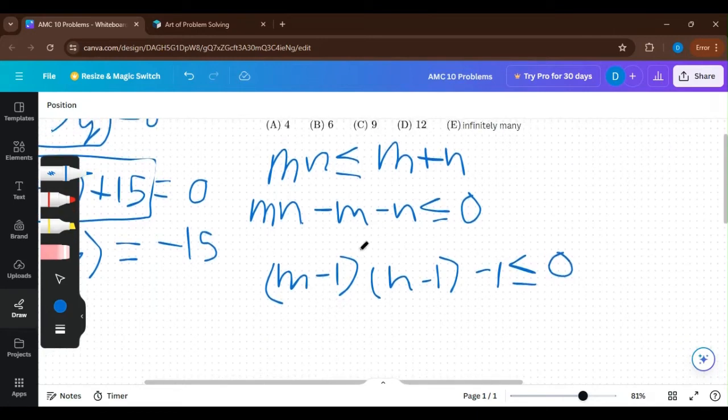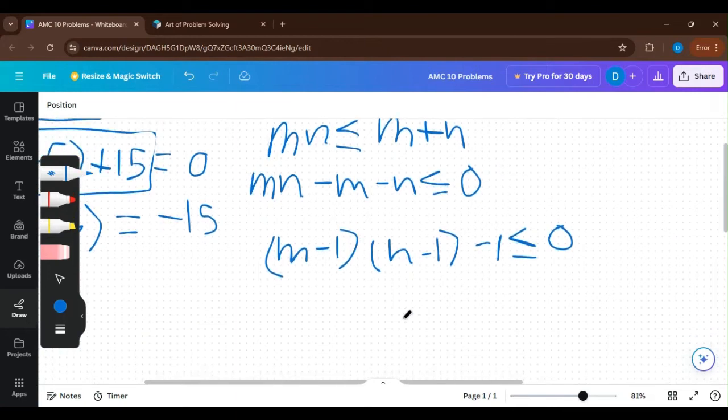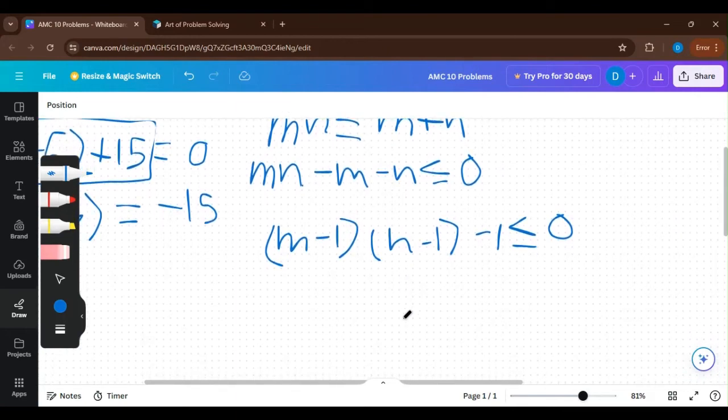Okay, since it's less than 0, we already know that this Simon's favorite factoring equation is the same as the previous equation. And all we're doing is moving 1 to the side, which is just adding 1 on both sides.